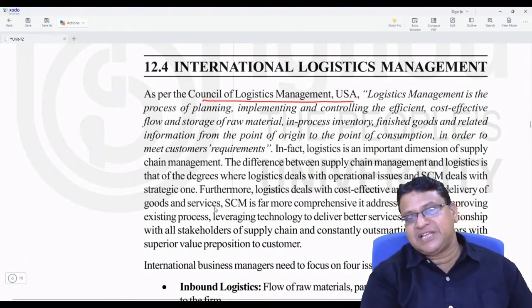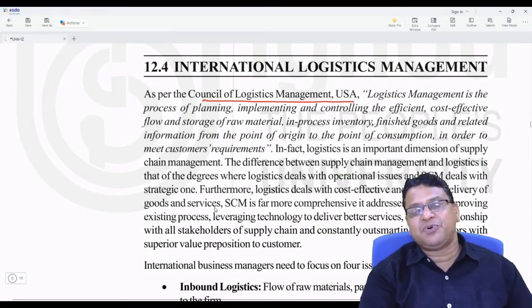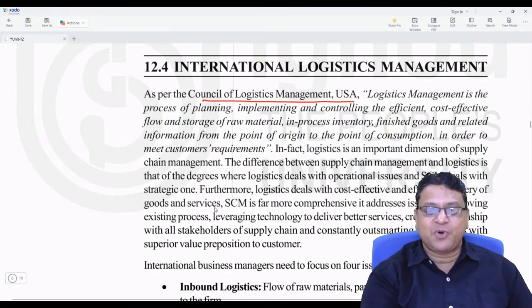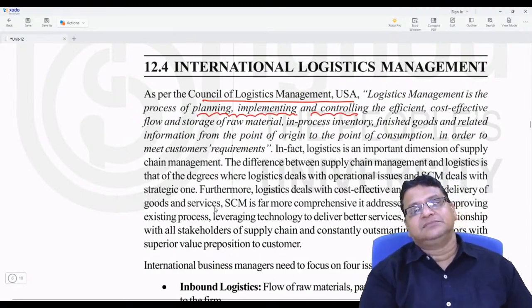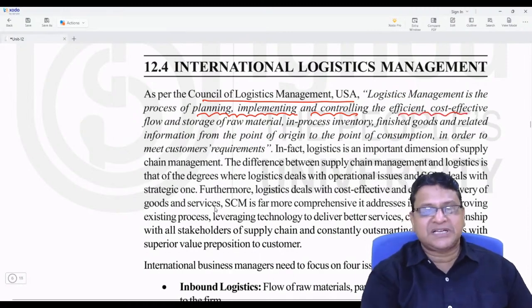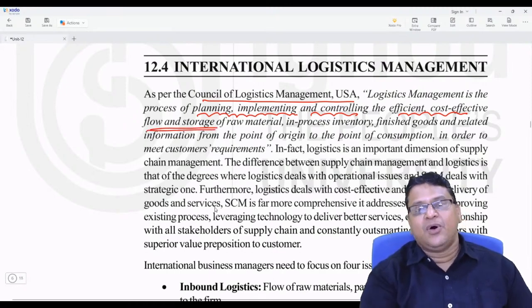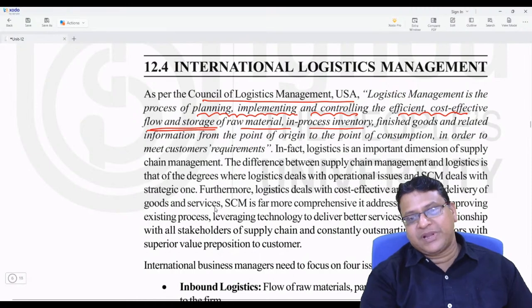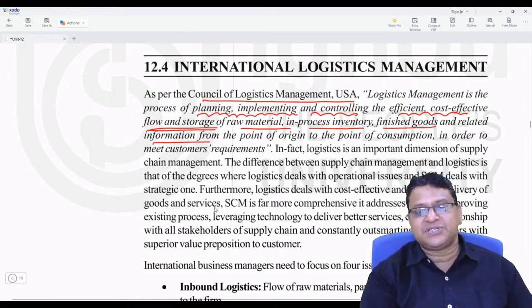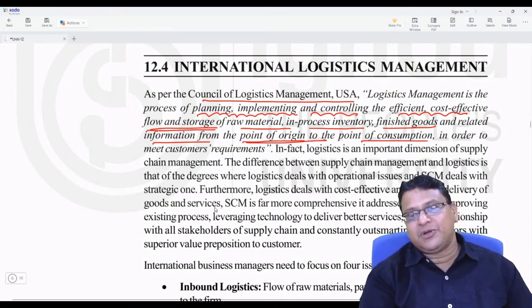The Council of Logistic Management USA defines logistic management as a process of planning, implementing, and controlling in an efficient and cost-effective manner the flow and storage of raw material, work in progress inventory, finished goods, and related information from point of origin to the point of consumption.